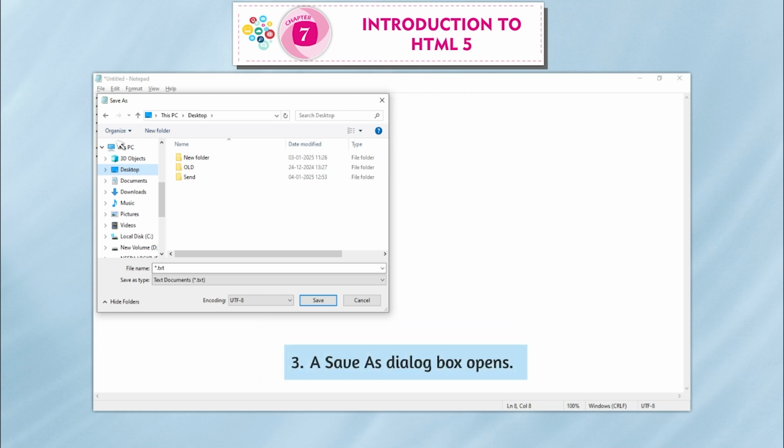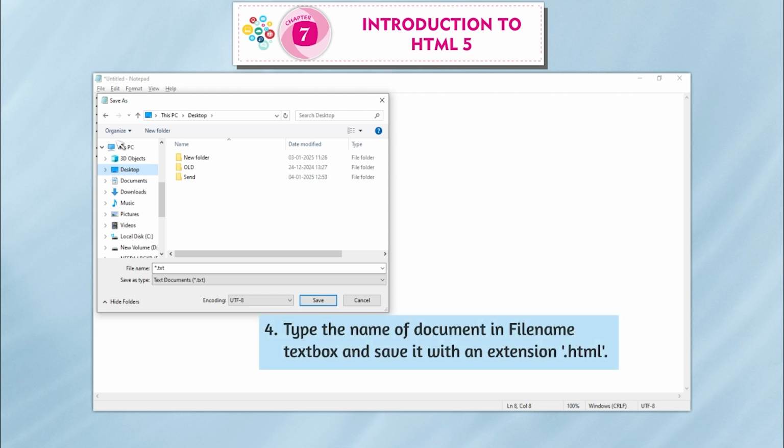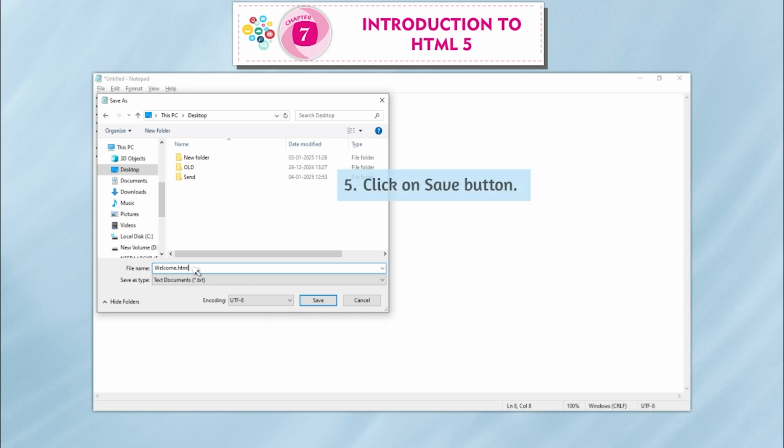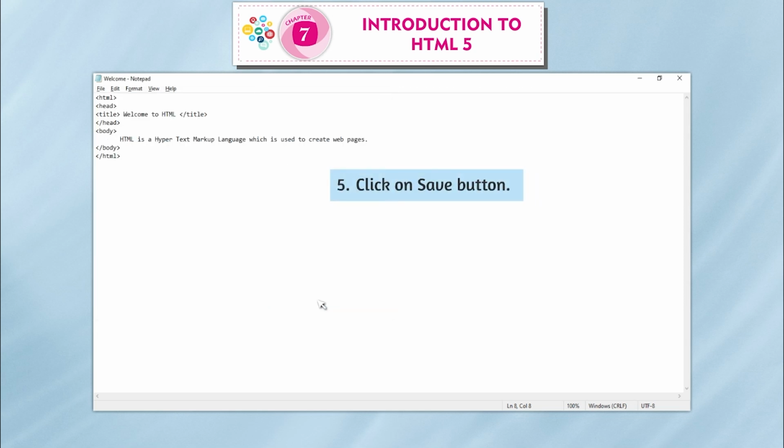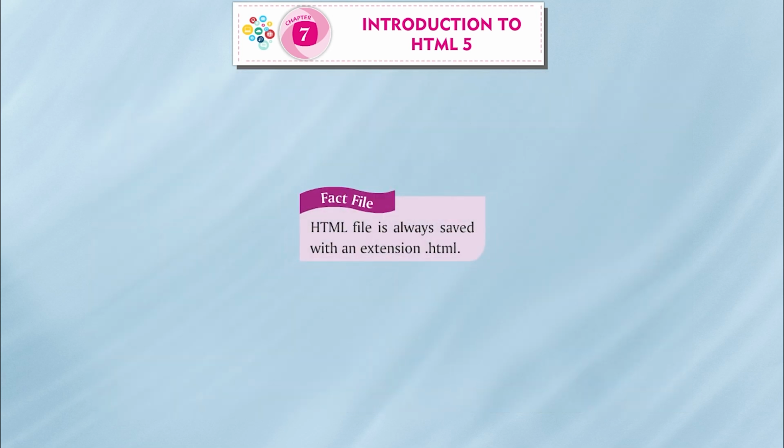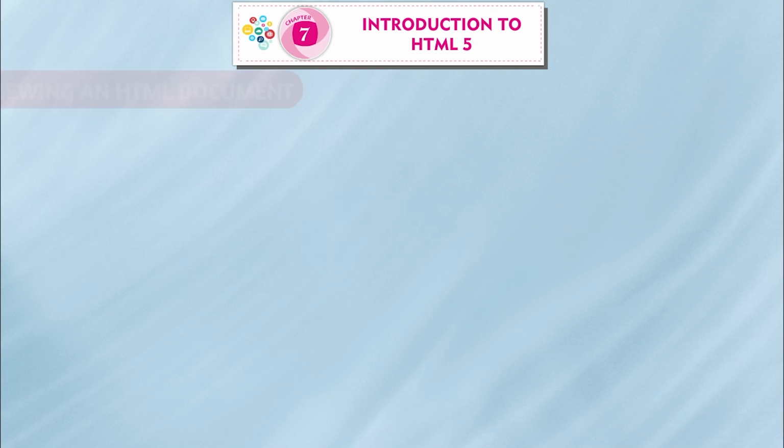A Save As dialog box opens. 4. Type the name of the document in the file name text box and save it with an extension .html. Click on Save button. Fact file: an HTML file is always saved with an extension .html.